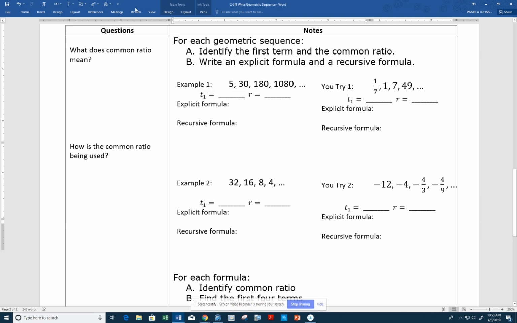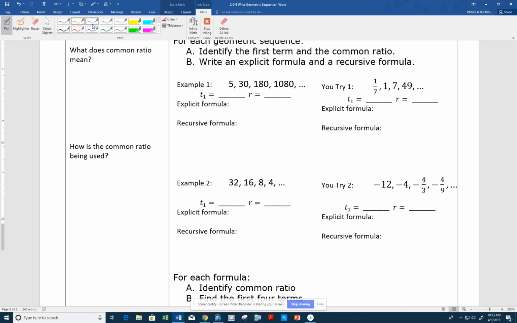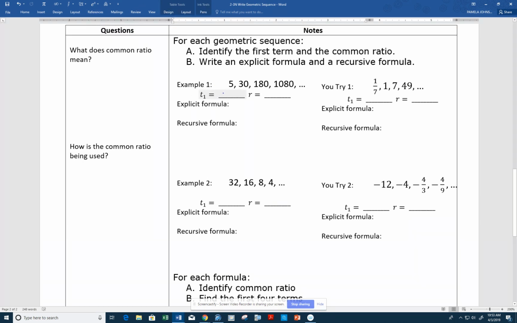So if we look at example 1, the 5, that's our T1, that's our term 1. Remember, we want to number these. 1, 2, 3, 4. So from 5 to 30, we multiply by 6.